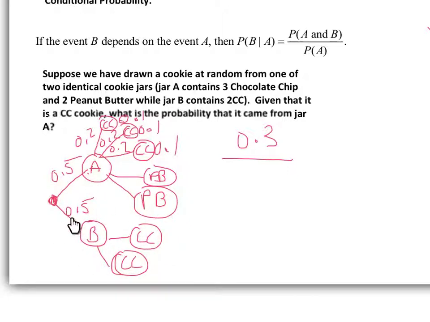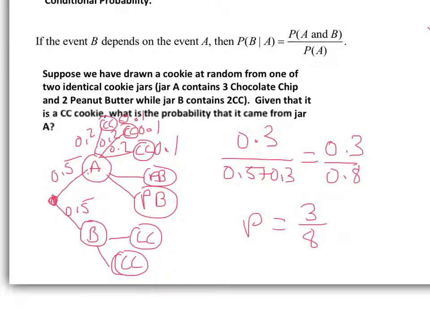So there's a 50% chance from jar B, plus the 30% from jar A. So you have 0.3 divided by 0.8, which is 3/8. That's your probability that you got a chocolate chip cookie, and it came from jar A. Okay? See you guys tomorrow.